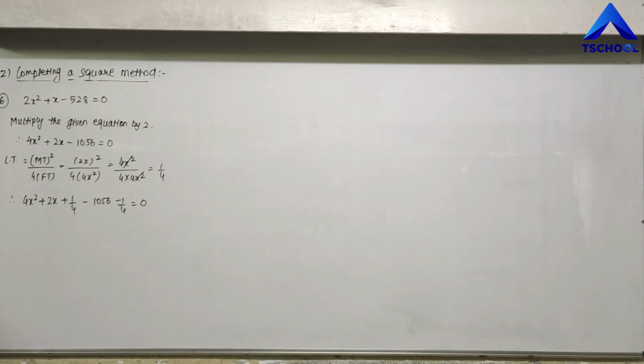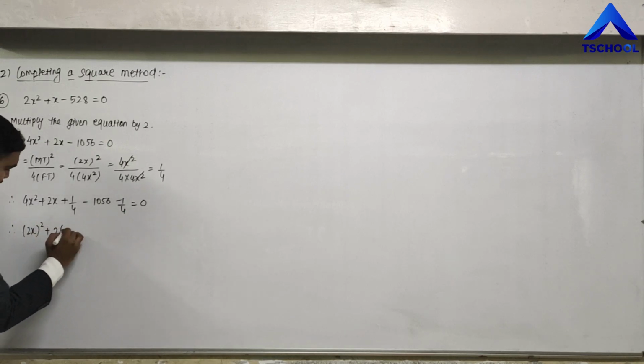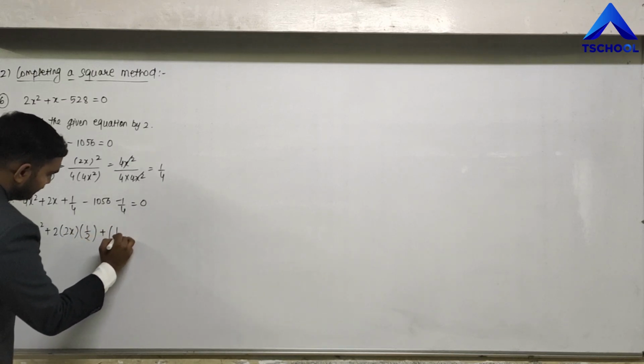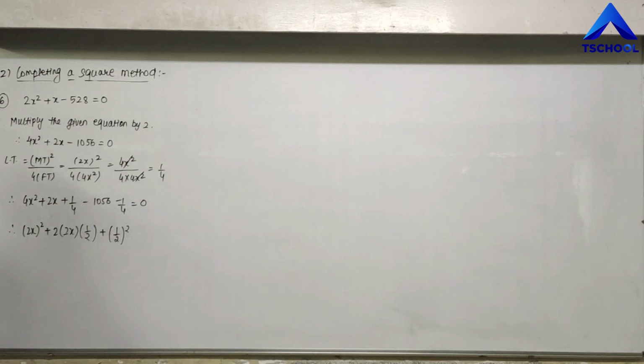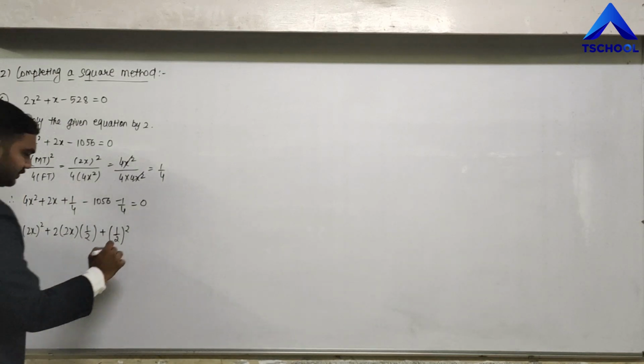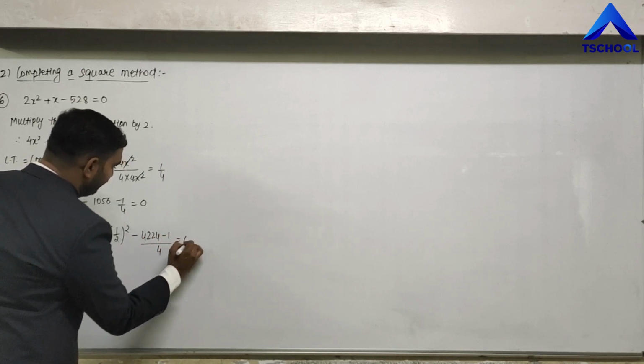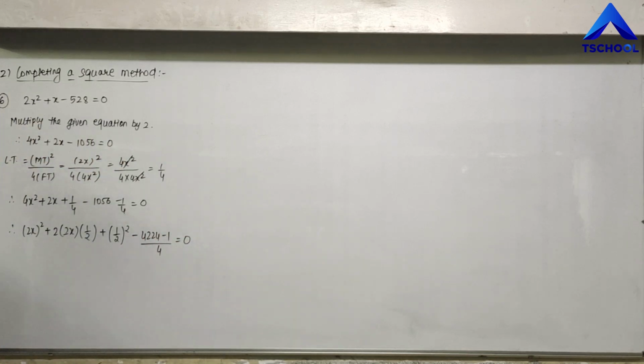Now we shall multiply this 1056 into 4, and that gives me 4224. That is, sorry, my mistake, not 4x, that is 2x whole square plus 2 into 2x into 1 by 2 plus 1 by 2 whole square minus 4224 minus 1 upon 4 equal to 0.